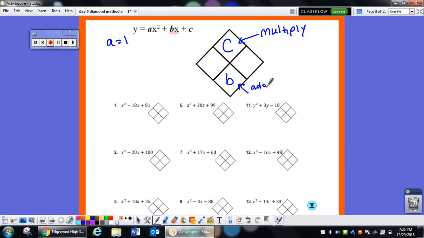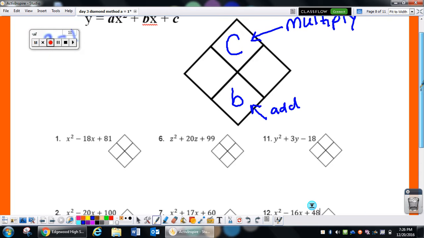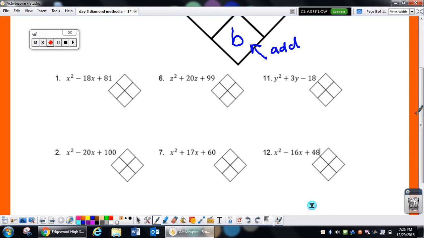So this is where, if you know your math facts, it really helps you a lot. If you don't know your math facts, you can just use trial and error. So in number 1, we want to multiply to 81, but add to negative 18.